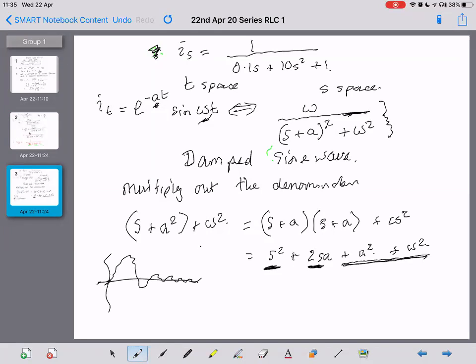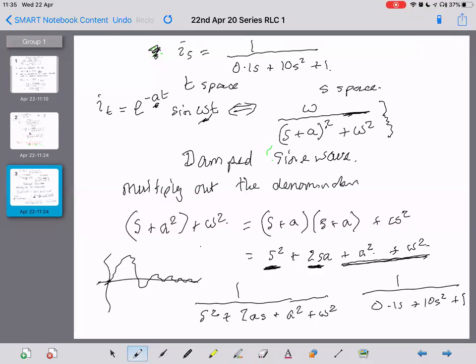But if we compare what we've got here, 1 over s squared plus 2as plus a squared plus omega squared, how does that compare with our expression we had earlier, 0.1s plus s squared plus 1?